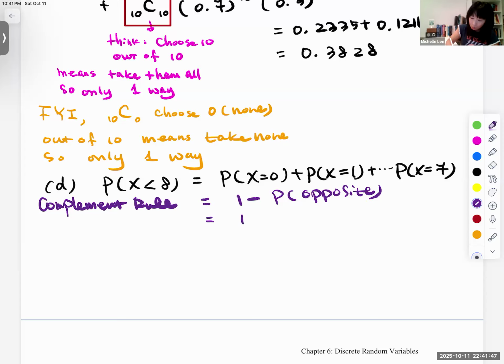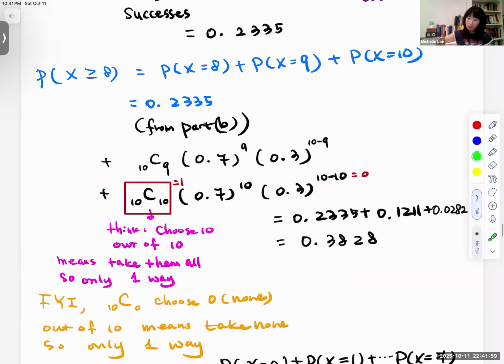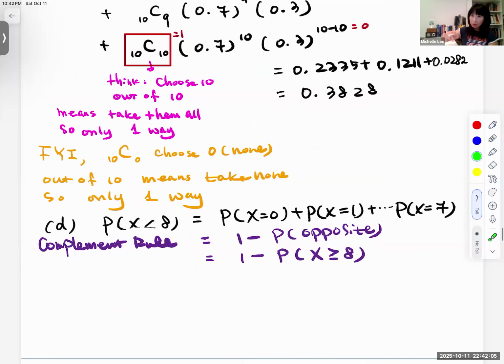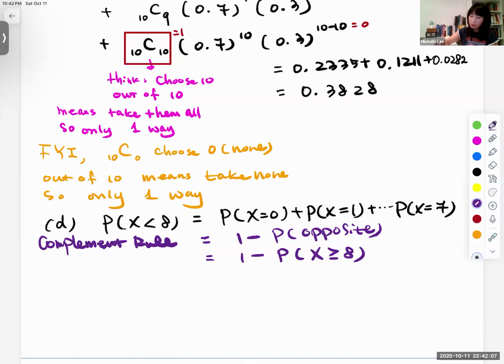In that case, 1 minus the probability of x is greater than or equal to 8. Aha. Then what is that? Earlier, we have greater than or equal to 8, which is that. Ta-da-da. So easy, right?